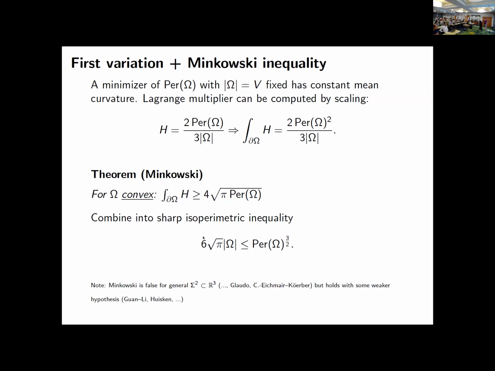Okay, so if we return to the liquid drop model, we want to play this game. You look at the first variation, you compute the Lagrange multiplier, you integrate it. One term that we get is the mean curvature coming from the perimeter. The other term we get is, if you differentiate this as omega varies, the derivative falls onto one of the two omegas, and then you get a boundary speed times this.